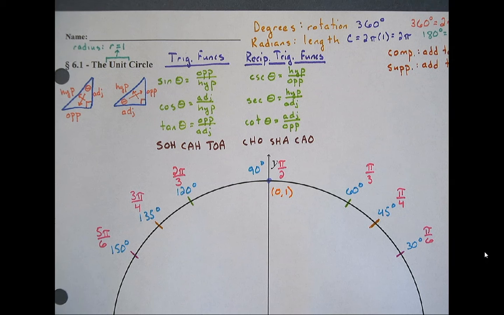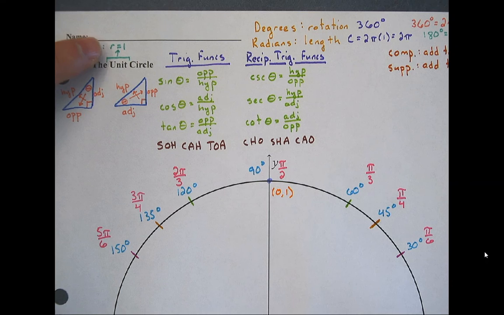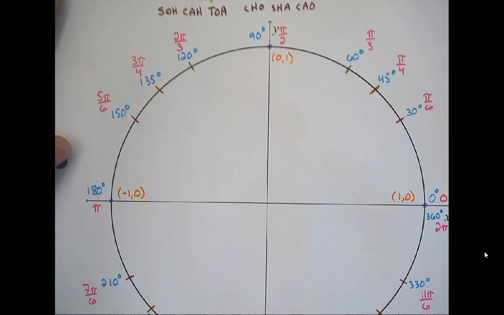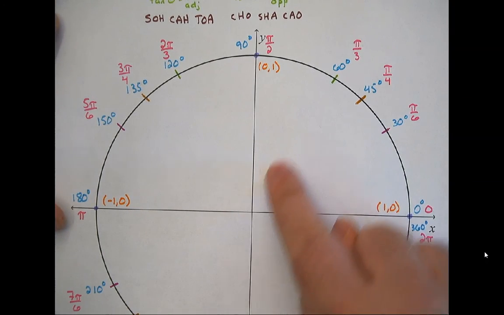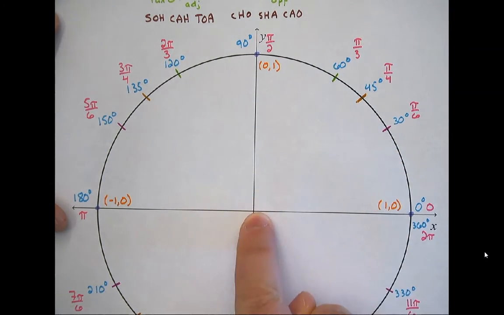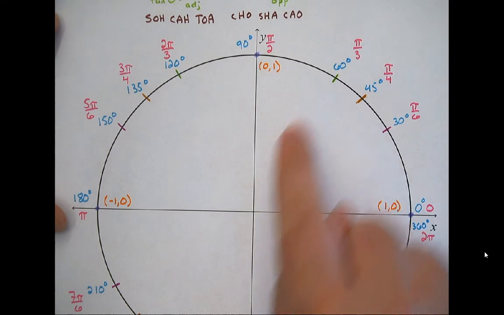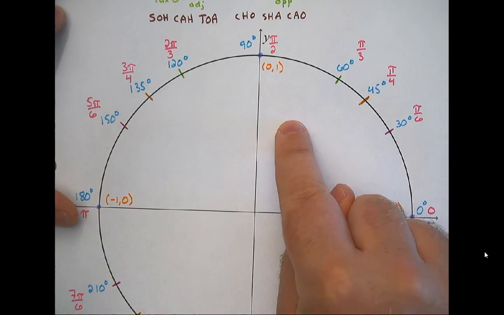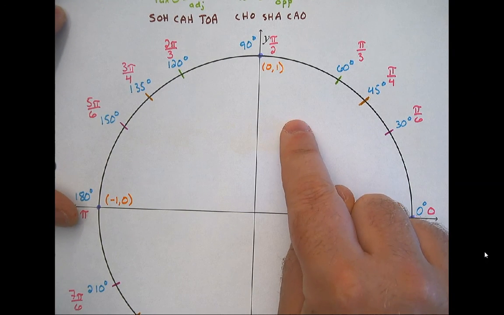Now, this is where things start to get interesting in the world of the unit circle. Because what do we know is the radius in the unit circle? The radius is always 1. So when I go to any rotation, let's say I rotated up to 60 degrees, I would draw 1 to the origin, 1 to the x-axis. Well, when I do sine, opposite over hypotenuse, how long is my hypotenuse?